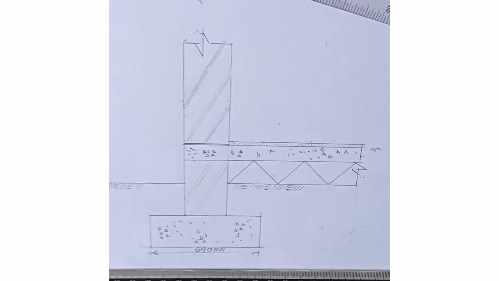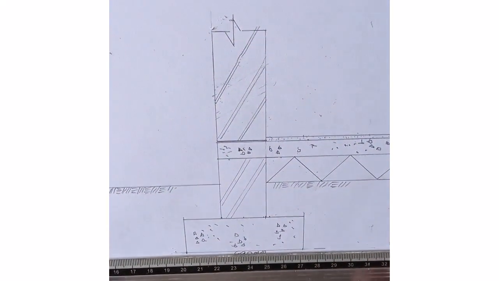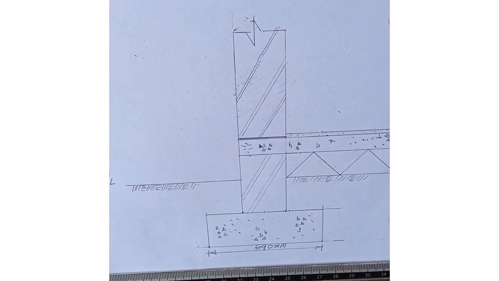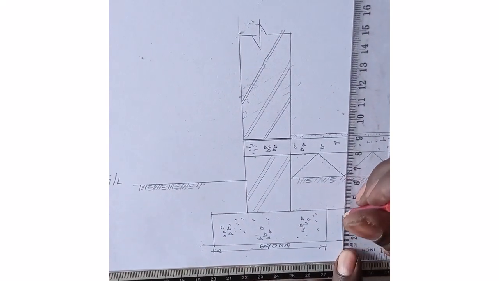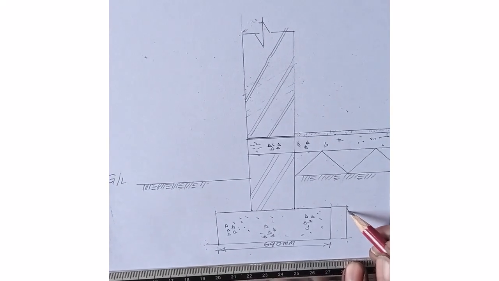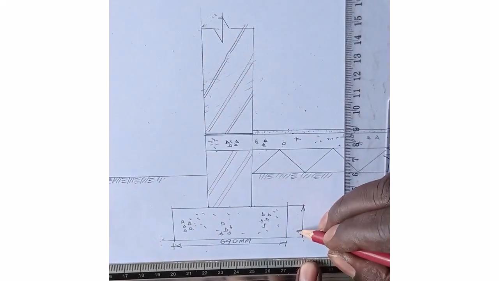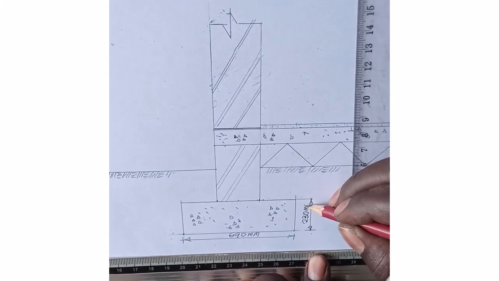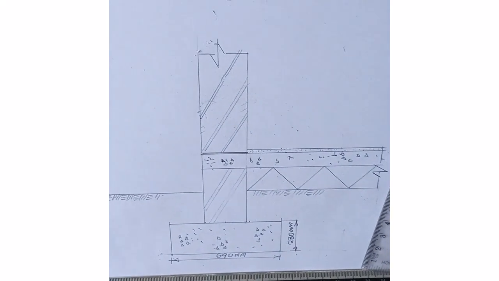Then from here to here, we see that the thickness of this is supposed to be 230. So this is how best you can handle it. You can show an arrow here, arrow here. So I can write this one as 230 millimeter. This is the depth of our foundation concrete.